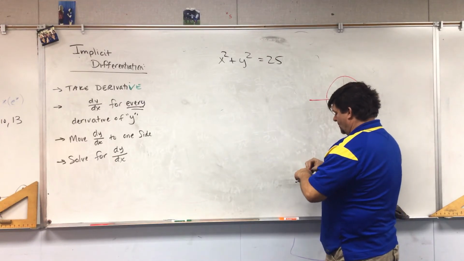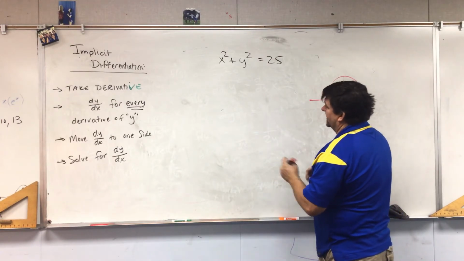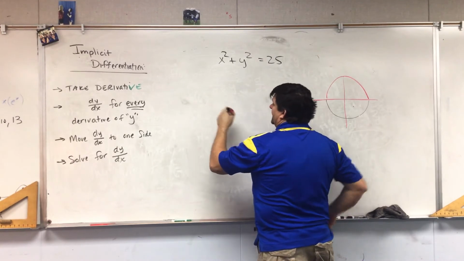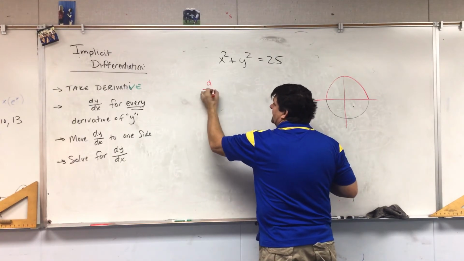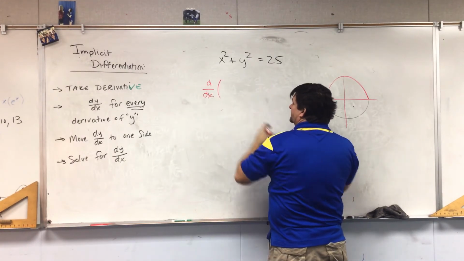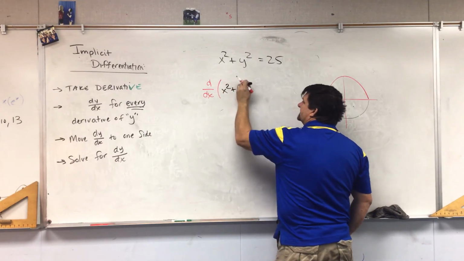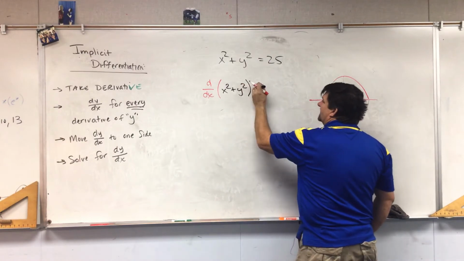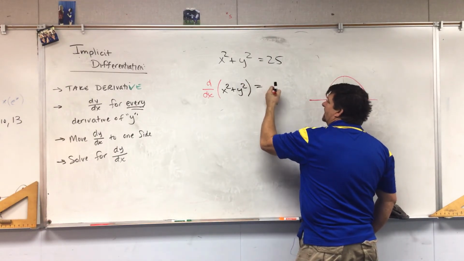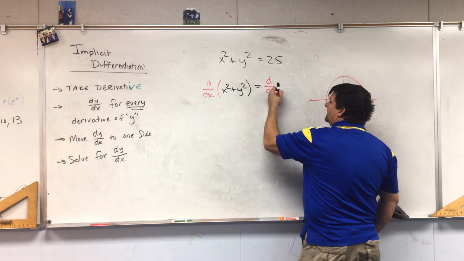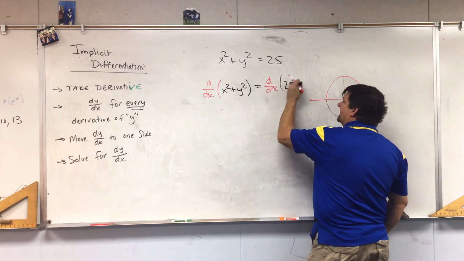So let's just work with what we got here. We're going to take d/dx of both sides. So we're going to do x squared plus y squared, and that's going to equal the derivative of 25.